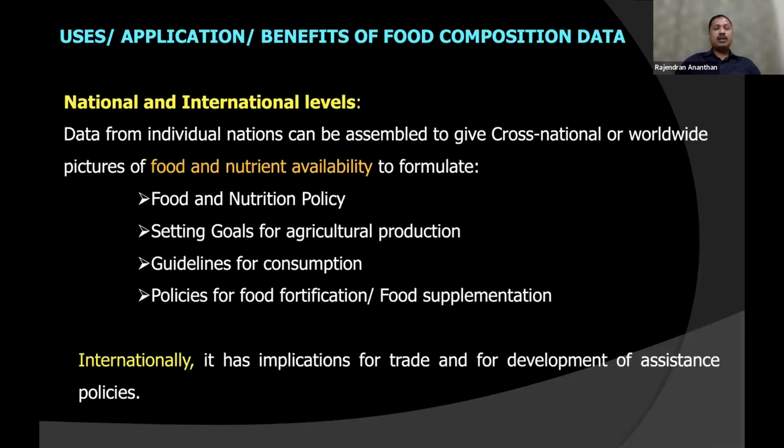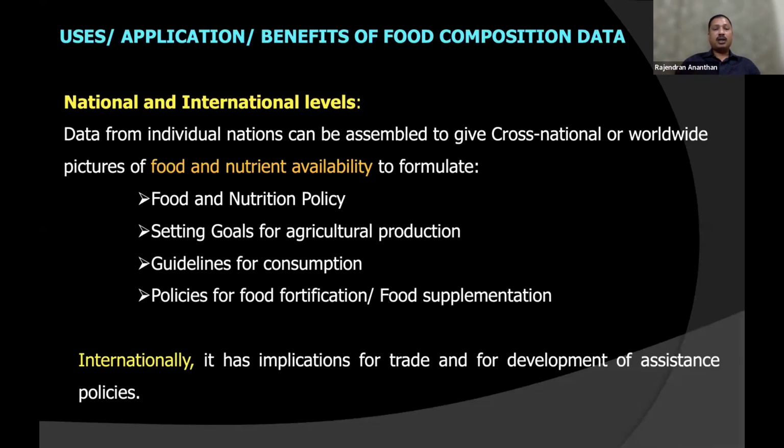Then at the national and international level, the individual nations' data can be assembled to give a cross-national or worldwide picture of food and nutrient availability, to formulate food and nutrition policy, and to set goals for agriculture production.